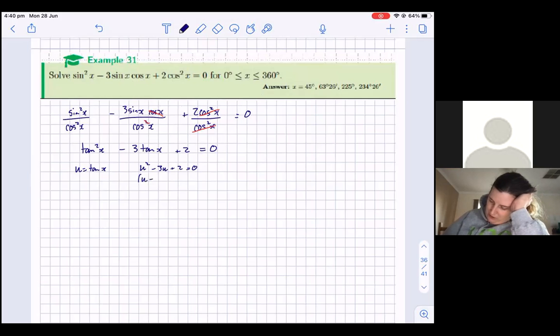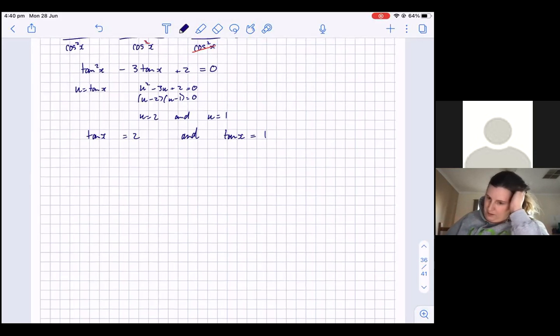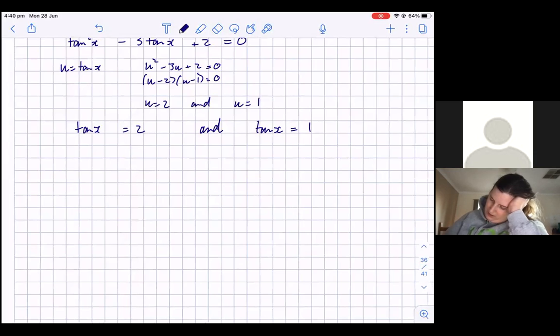Factorize: u take 2, u take 1 equals 0. So u equals 2 and u equals 1. So we've got tan x equals 2, which is fine. Tan x equals 1. We're going to have to find the solutions, and there's going to be 2 solutions for each.